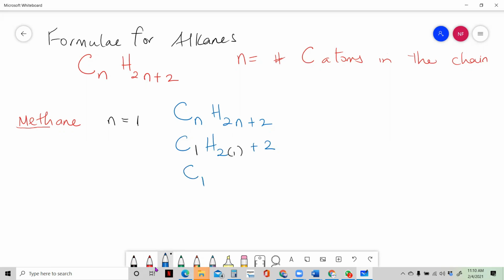So C, 2 times 1 is 2, plus 2 gives me what? 4. In science, do we really need to write the 1 when we have it in a formula? No. So the formula for methane is CH4. And you've been learning about methane from quite early because it's one of the simplest of the organics. So this is my formula, CH4.